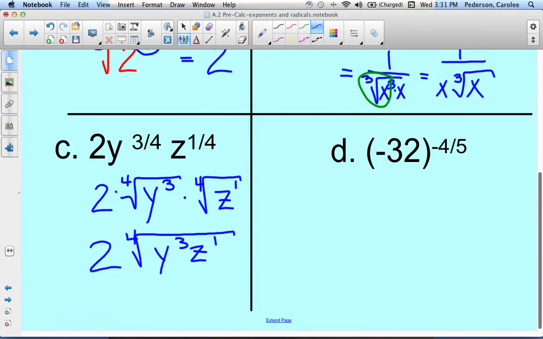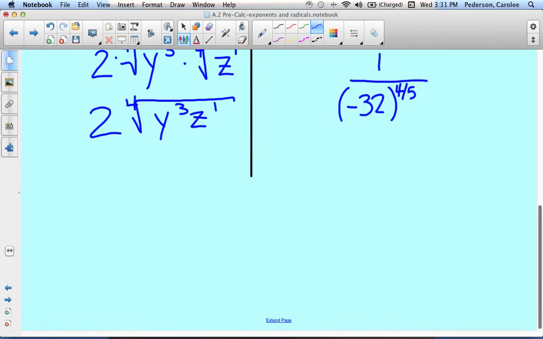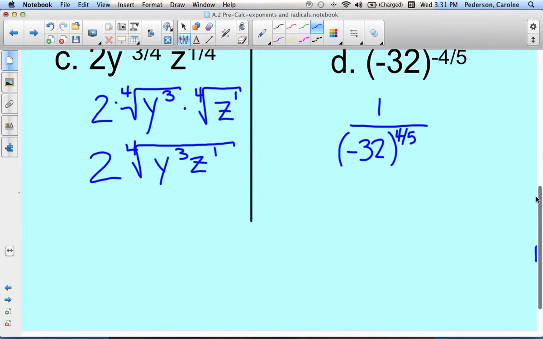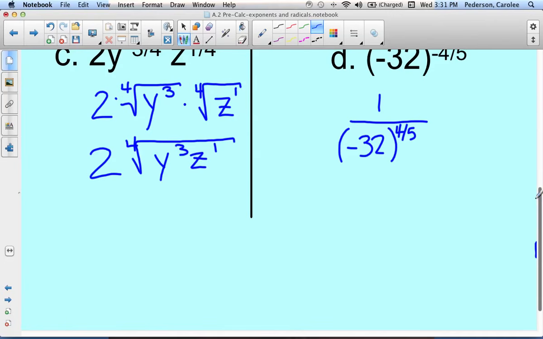This last example has a negative power again, like the example above. So we say 1 over negative 32, and now we raise it to the positive 4/5 power. And now we can rewrite that denominator as negative 32, 4th root, and I'm just going to put a 5 out here.